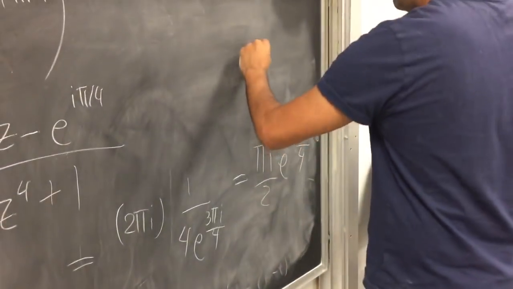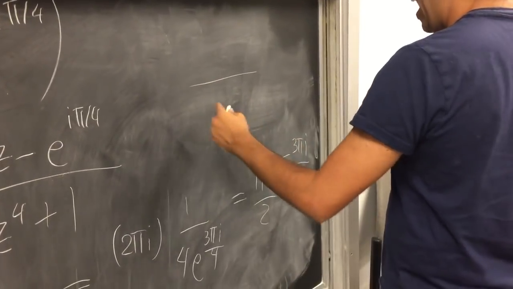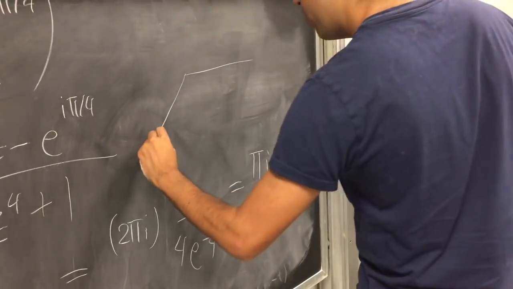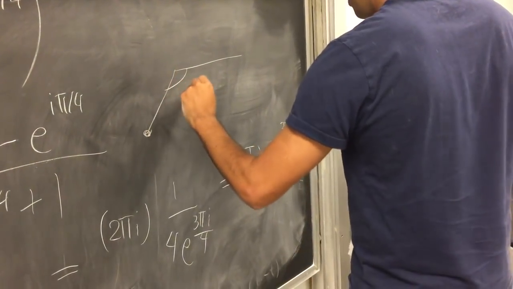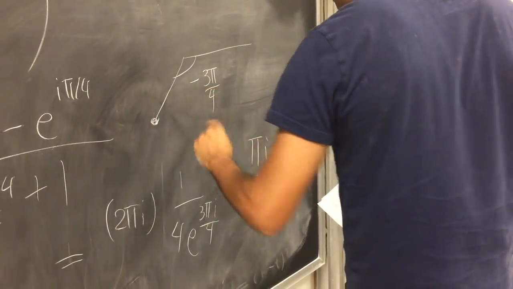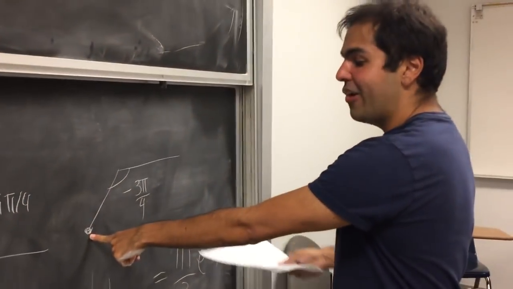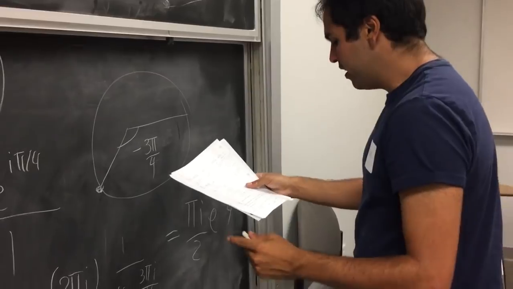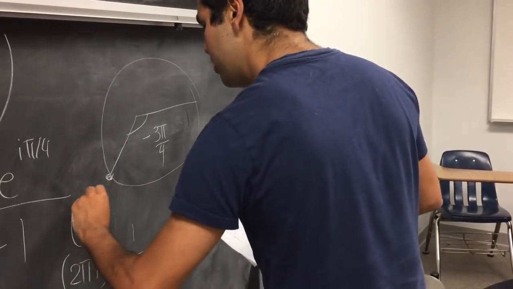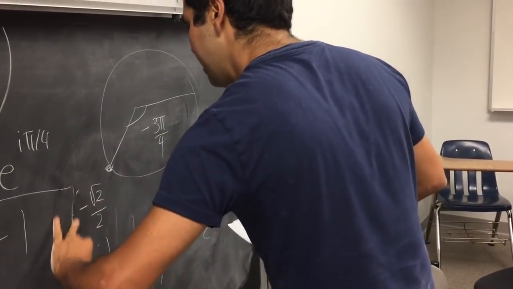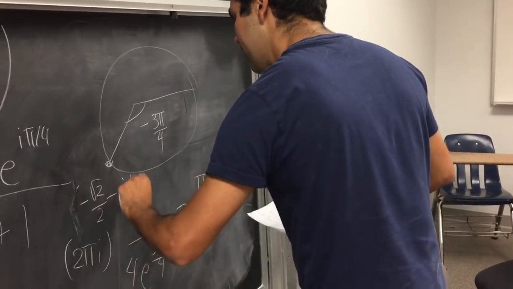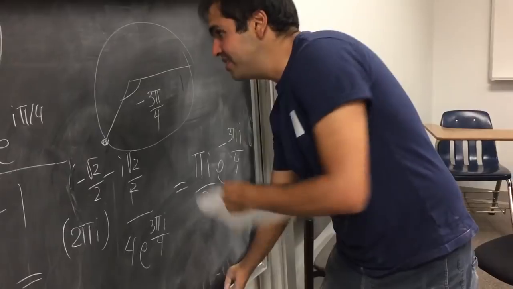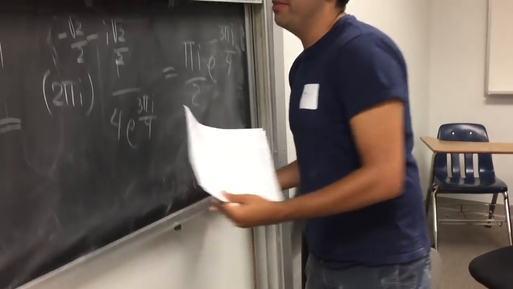Well, what is this number? It corresponds to the angle minus 3/4 pi, so maybe somewhere over here. In the unit circle, it corresponds to the point minus square root of 2 over 2 minus i square root of 2 over 2. So the point is, our answer is pi i over 2 times that.